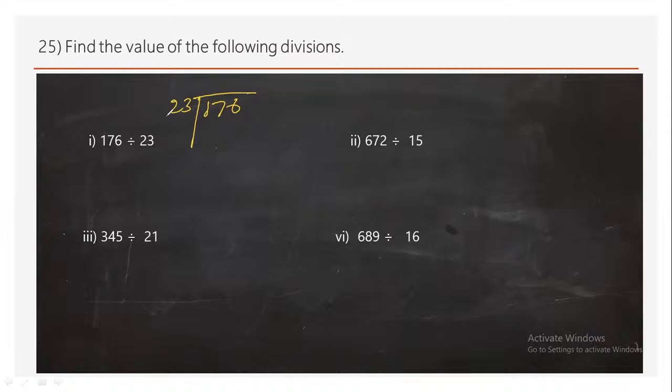Then 175, there are how many? 7, right? 7 times 3, 21. 2 remain. 7 times 2, 14 and 2, 16. 161. Subtract. So 6 subtract 1, 5. Then 7 subtract 6, 1. 15. So you can write 7. Answer 7.